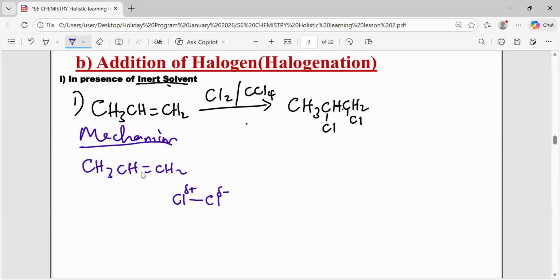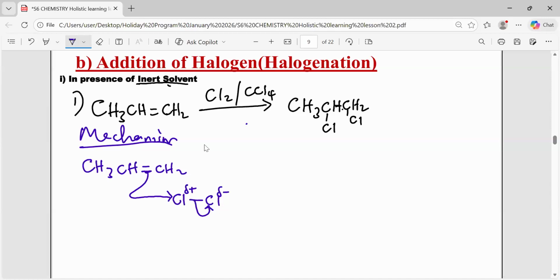Then one bond, which is the pi bond, breaks and goes to the chlorine atom. Then we have another arrow, and this one will disappear.